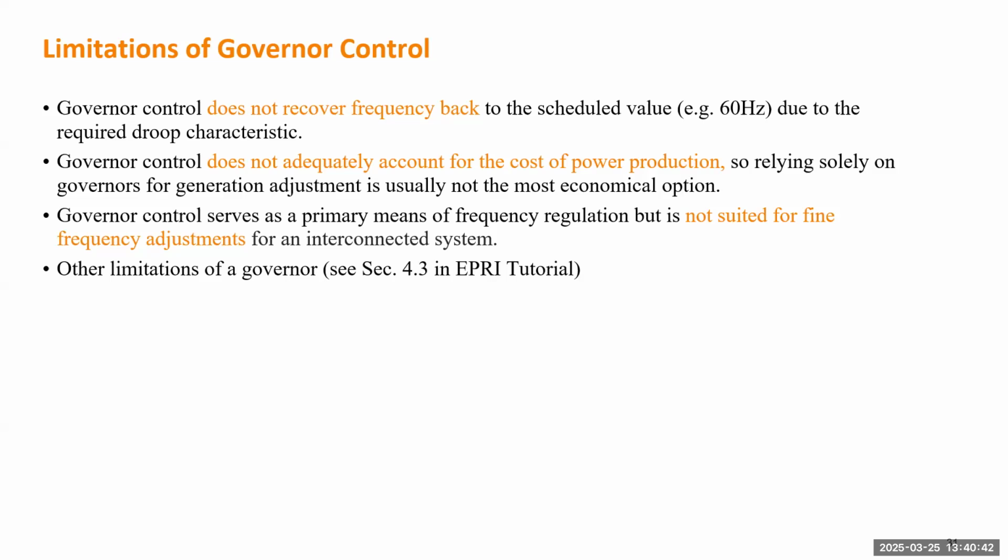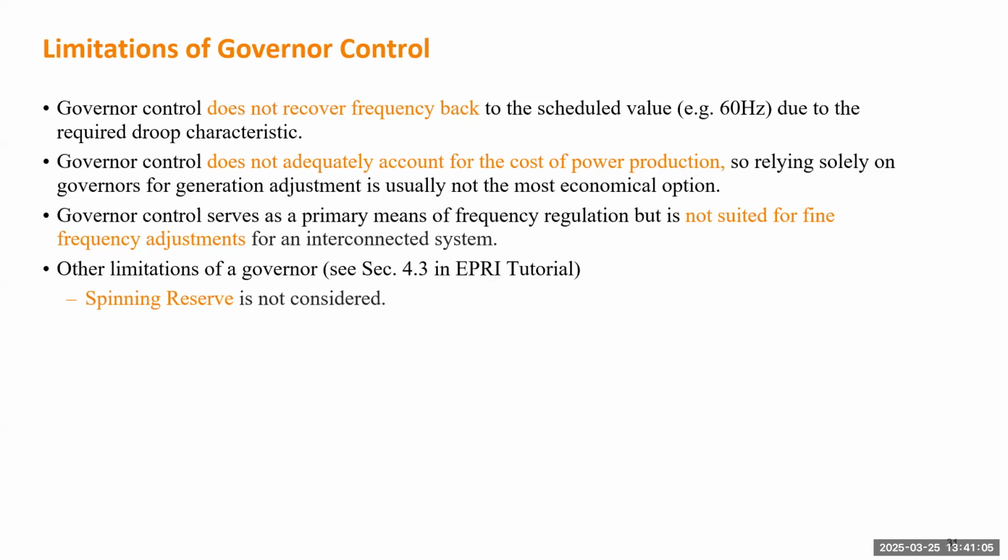Okay, so there are also some other limits. If you read section 4.3 in the tutorial, there are many discussions. Here I just list some of them. The first one is that the spinning reserve is not considered. Spinning reserve means the room from your current generation to the limit of the generation.